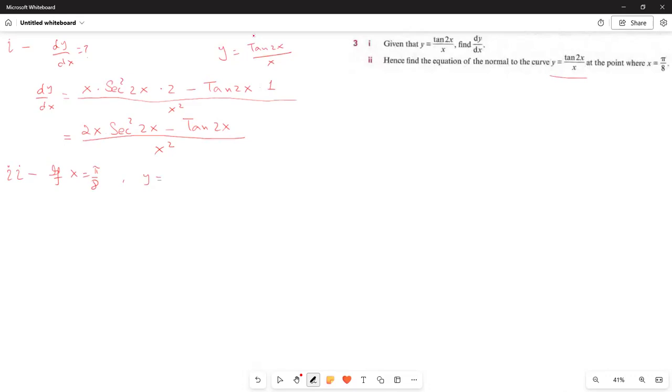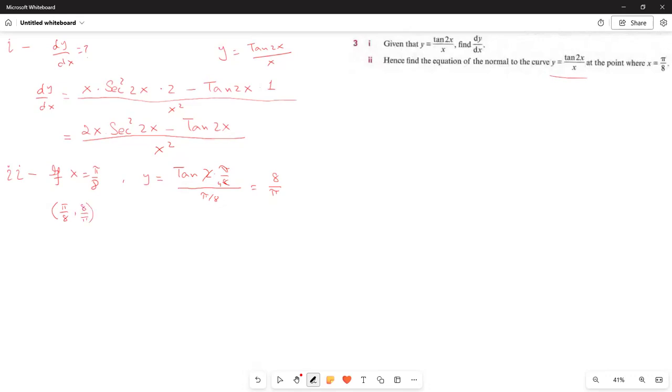Y is equal to tangent 2 times x, where x is pi by 8, over x, which is pi by 8. Okay, so this becomes 2 times pi by 8, so pi by 4. Tangent pi by 4 is 1. So 1 divided by pi by 8 is going to be 8 over pi. So it means there's a point on this curve which is given by pi by 8 and 8 by pi.